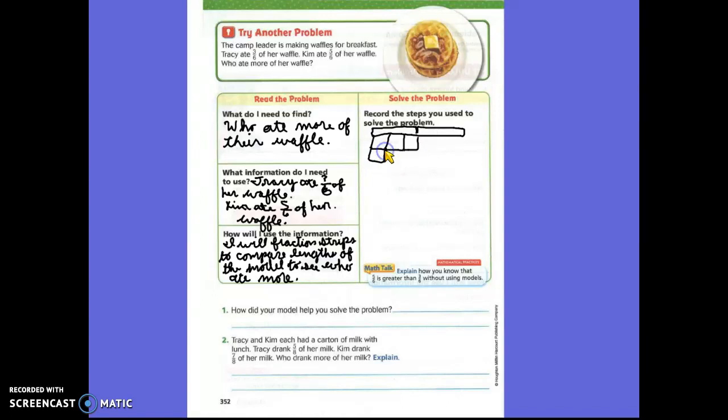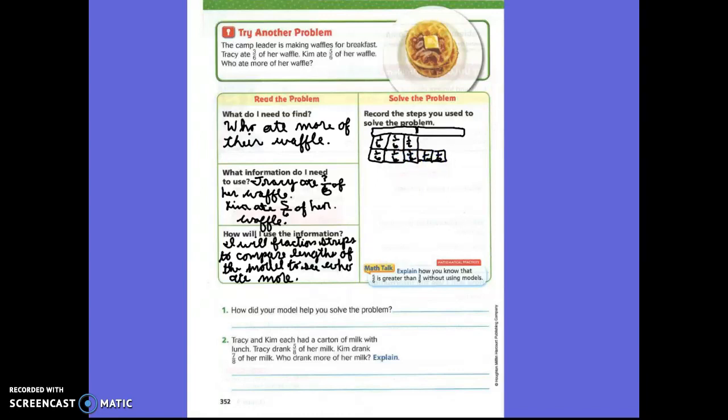So I have to make it the same size because the denominator is the same. That means we're splitting into the same number of equal pieces.